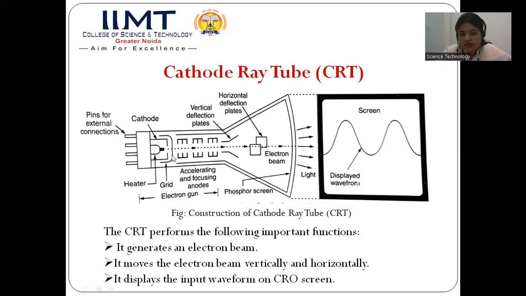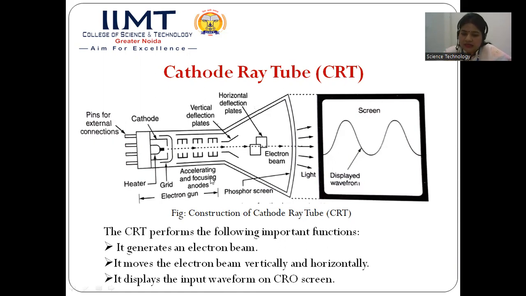So after the cathode grid, we have the accelerating and focusing anode. The electron beam is then further accelerated whenever it passes through the accelerating anodes. A high positive voltage is applied to the accelerating anodes, which is helpful in accelerating the electron beam.